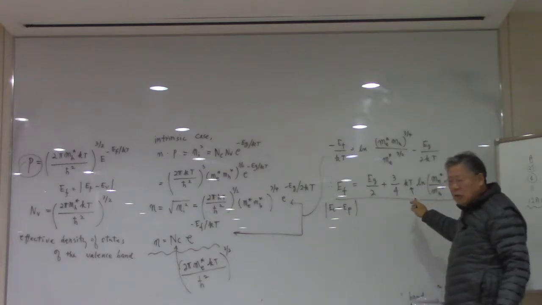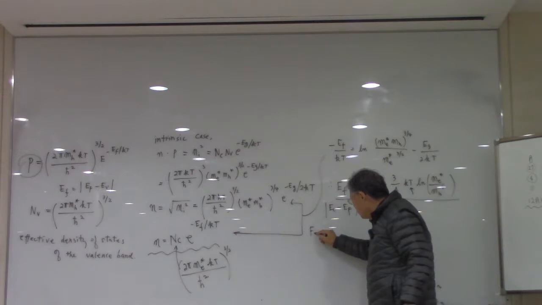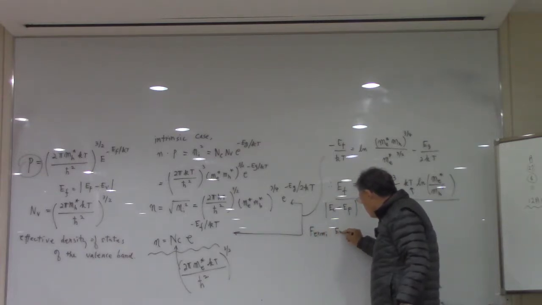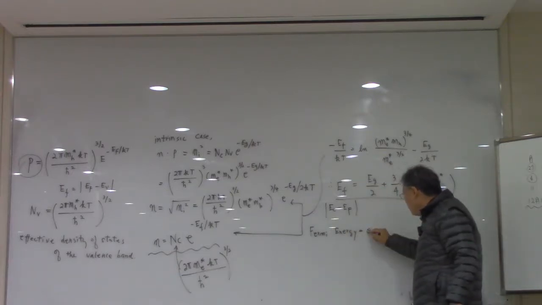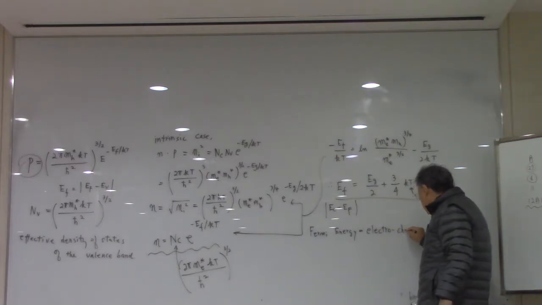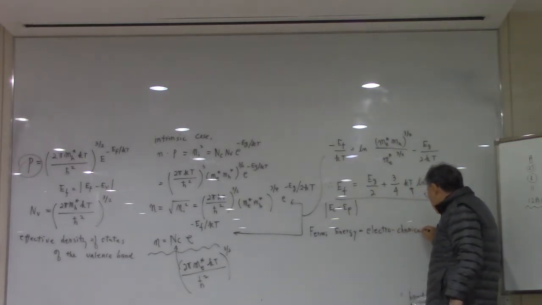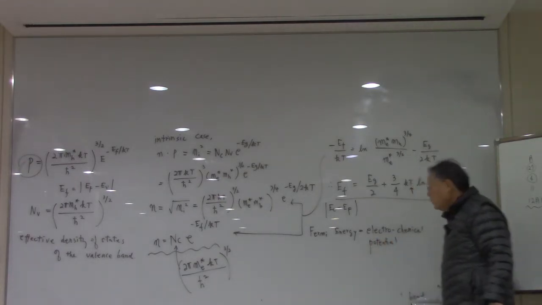Okay, this is the equation for that. And Fermi energy is the electrochemical potential of the system.